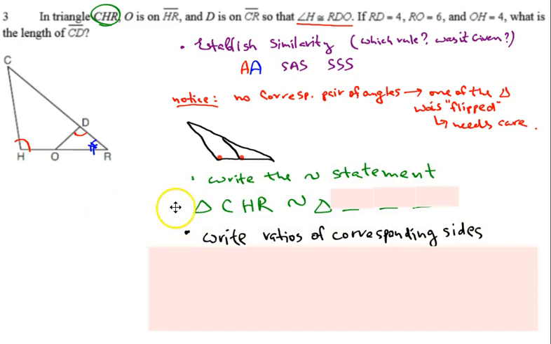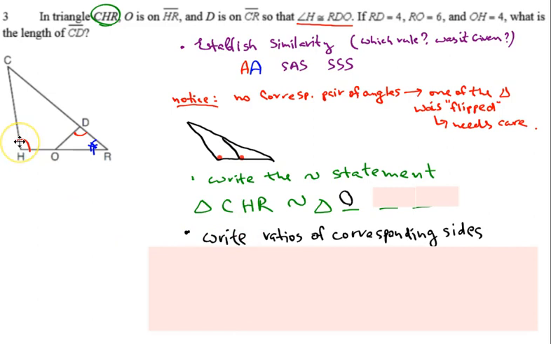You will write the statement showing corresponding vertices, and then using that statement will write the ratio of corresponding sides and proceed with substitution. So according to this diagram, if I name the original triangle CHR as they recommend, then I should notice from my given information angle C has no marking, therefore it will correspond with angle O, who also has no marking.